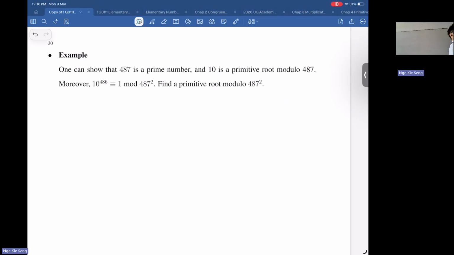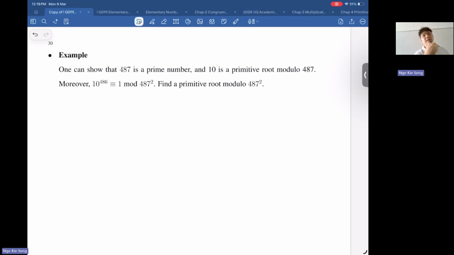And then primitive root, how to check? It's a bit daunting. You have to find φ(487), but this is a prime, so it's 486.